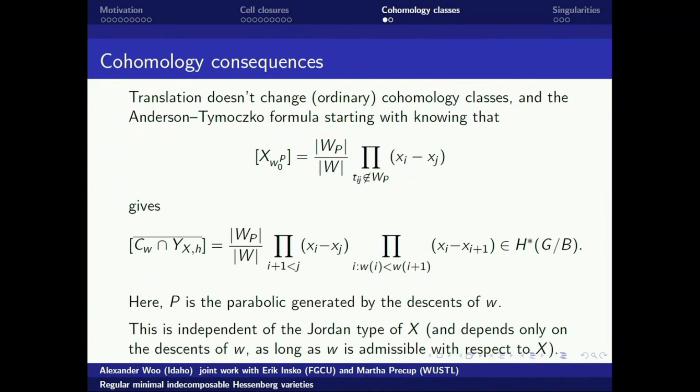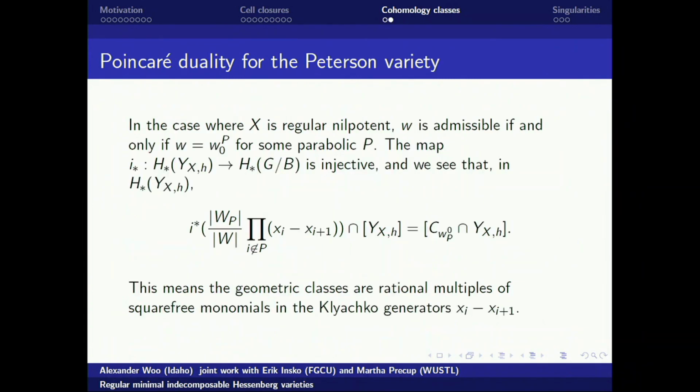I do want to say something about what happens in the cohomology ring of the Peterson variety. That is the case where it is injective. And even though the Peterson variety is not smooth, it does have Poincare duality, at least rationally. If you do Q coefficients, you have Poincare duality.